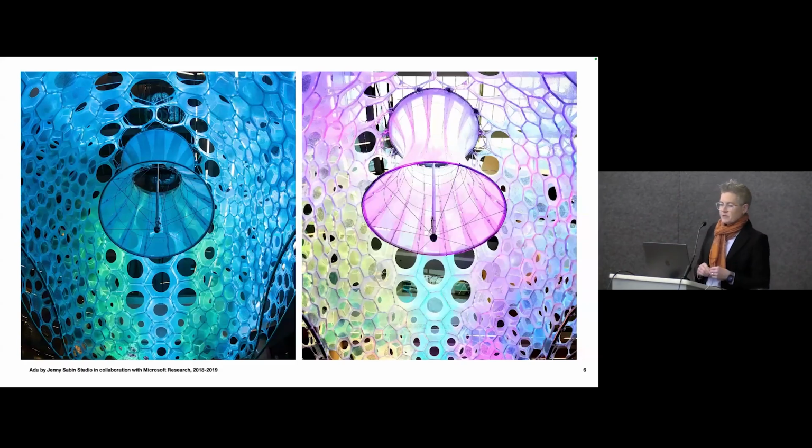So one of the fundamental questions that drives all of the work is how might buildings and their integrated material systems behave more like organisms do, adapting and responding to their local environments.